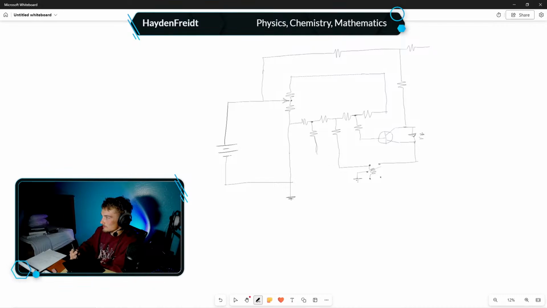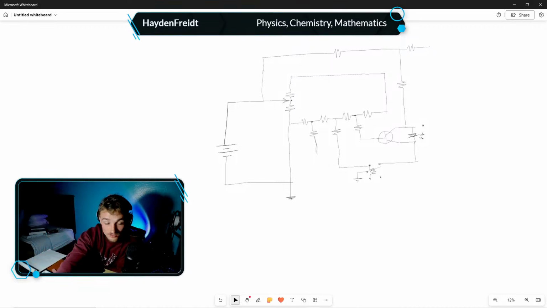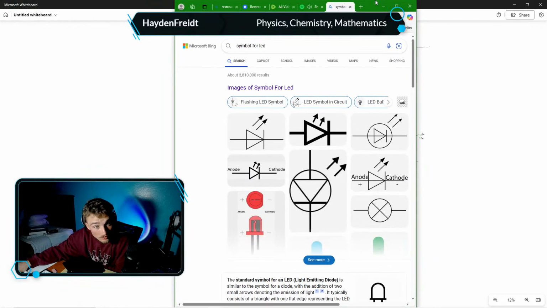Those are my arrows. Okay. Good enough? Does it look like the symbol to an LED? Here, look. This is what it looked like. Good enough?